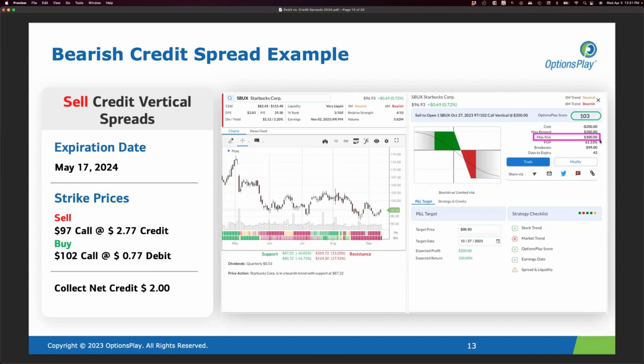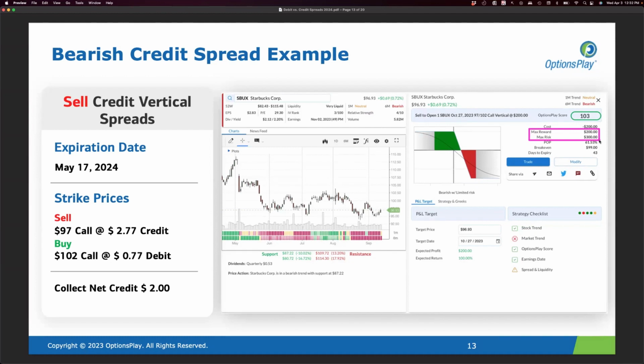So I'm reducing my capital requirements to get into the trade by probably close to 90% in exchange for giving up about $77 worth of income. From my perspective, that's a trade-off that I'm more than willing to make, because now I've changed my max risk, max reward to something that's far more suitable for me.